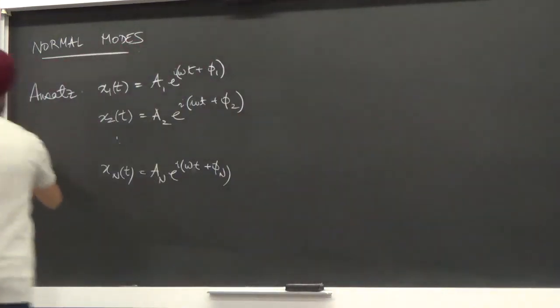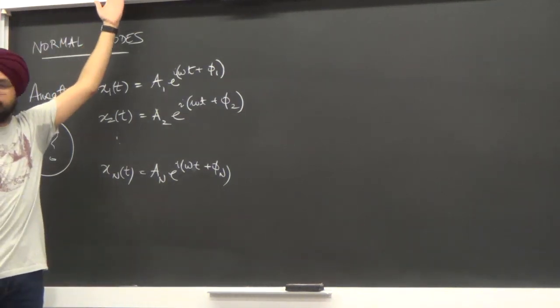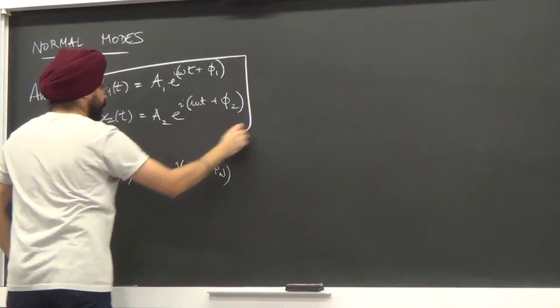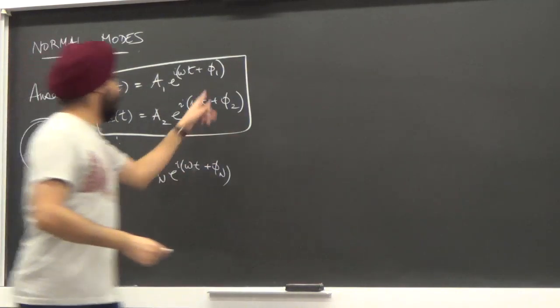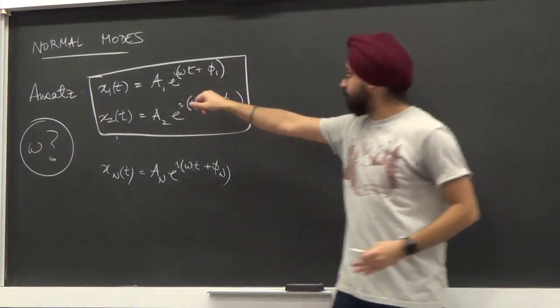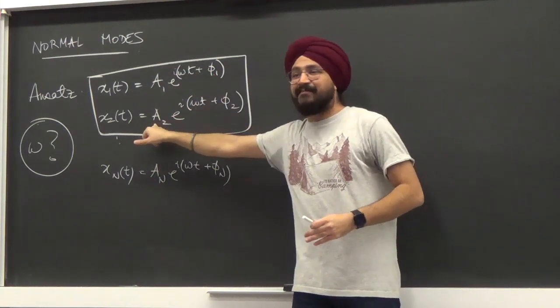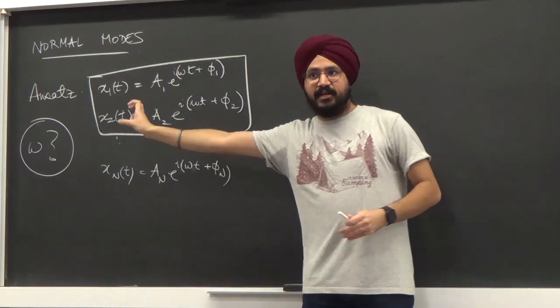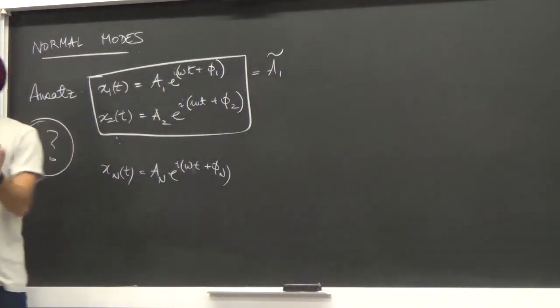So right now omega is still unknown. And since I have two particles in my string system here, I just need two of these. I can be smart about not having to worry about the phases. I can absorb the phases, e to the i phi 1, e to the i phi 2, and make the amplitude complex. I'm going to call this A1 tilde, the tilde meaning it's a complex thing.